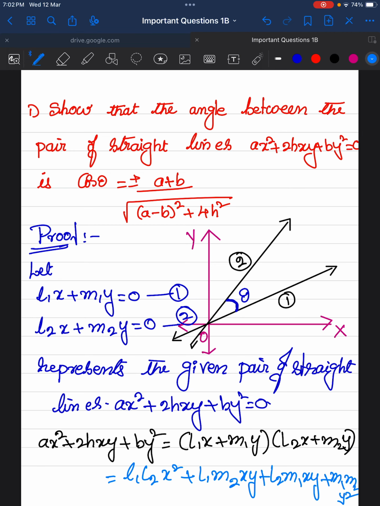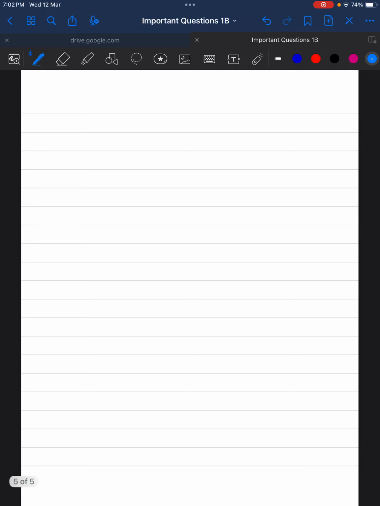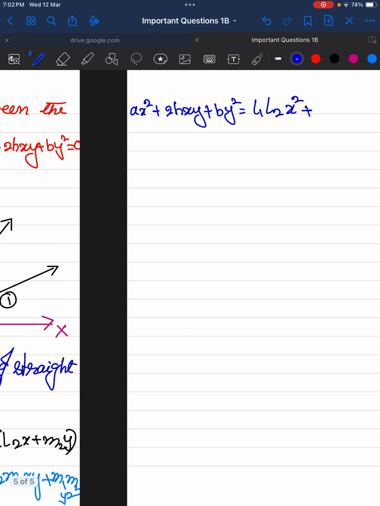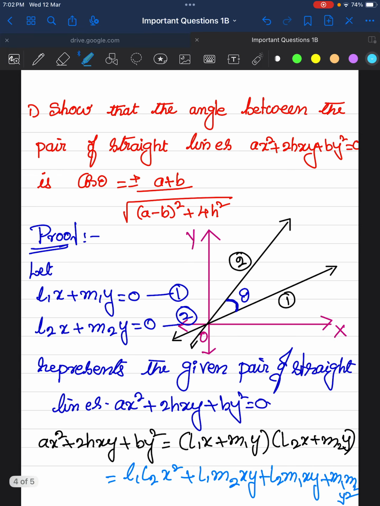Now what we got? Again I am repeating the same. Left side part is ax square plus 2hxy plus by square. Right side we got L1 L2 x square plus, here if you observe these two are nothing but xy terms only. If I take xy common, what happens?